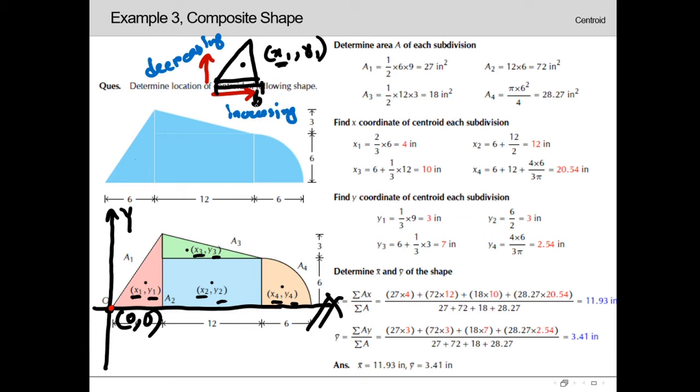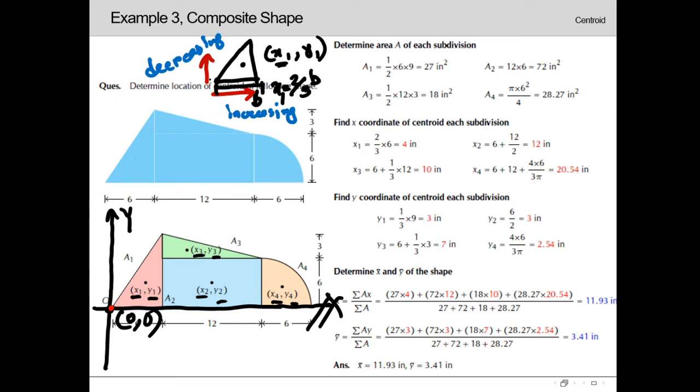Let's consider the total length along the x-axis is b. That means the base is b, so the center will be lying at a distance of 2/3 of b. This will be the value of x1.